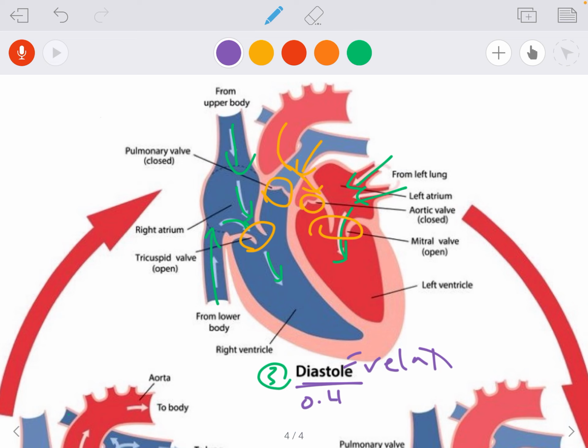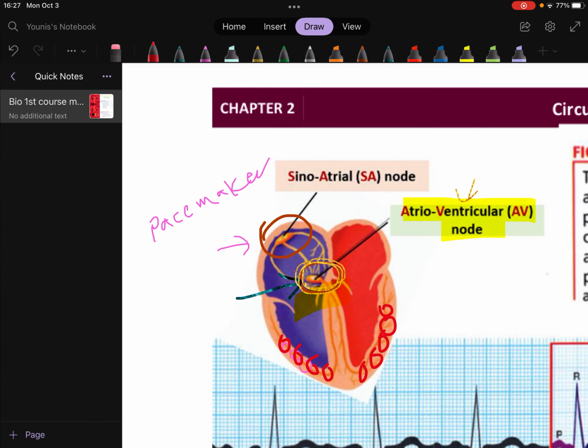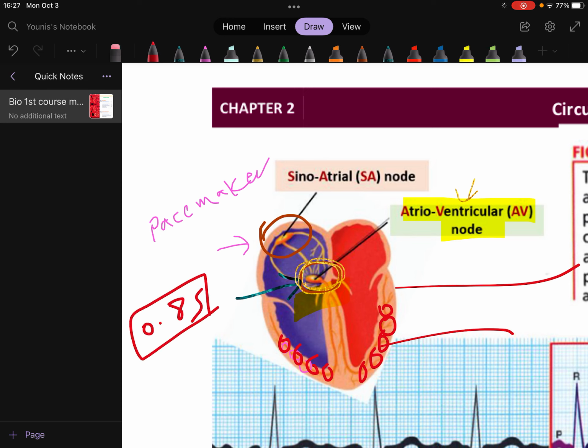So the two previous phases, one 0.1, the second phase 0.3, plus 0.4, the total will be how much? So the total will become 0.8 second. This is the time that's needed for one cardiac cycle to complete.